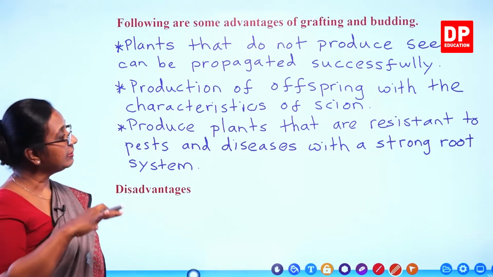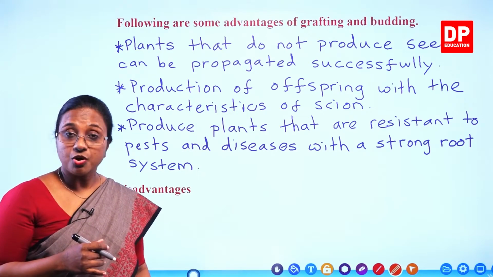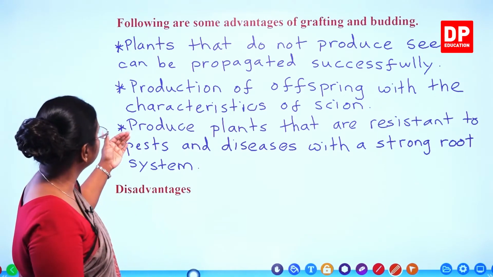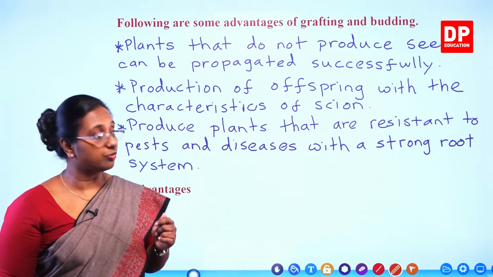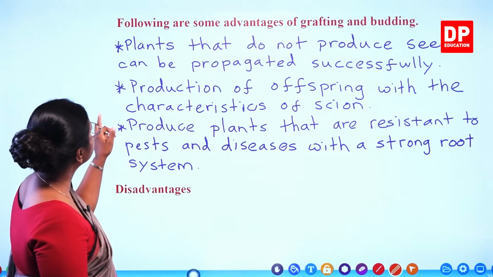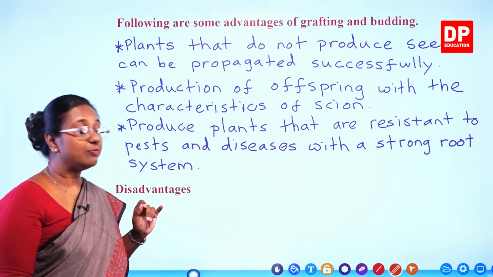The scion will be resistant to pests and crop diseases, and there is a strong root system from the stalk plant, and both are combined together. So those are the advantages: plants that do not produce seeds can be propagated successfully, production of offspring with the characteristics of the scion, and plants that are resistant to pests and diseases with a strong root system.